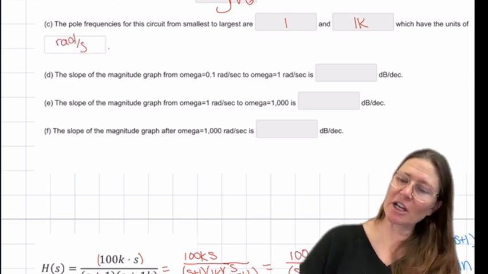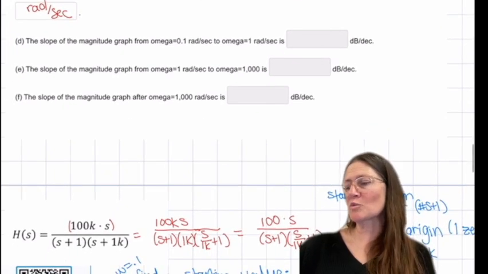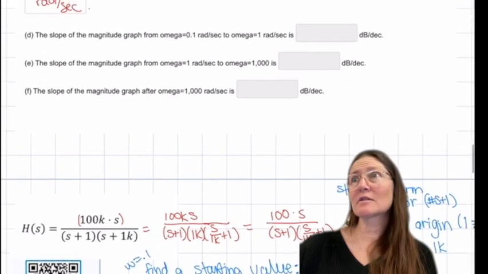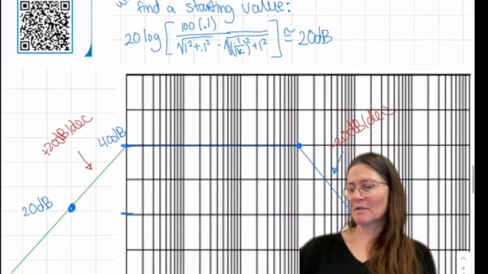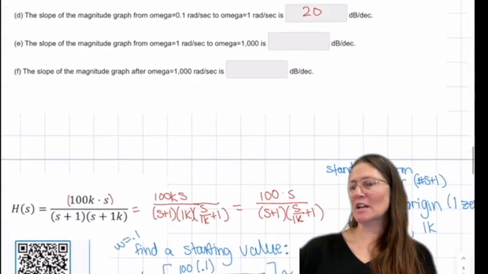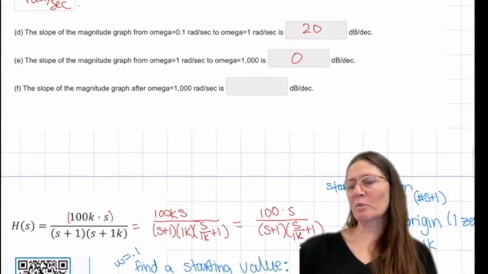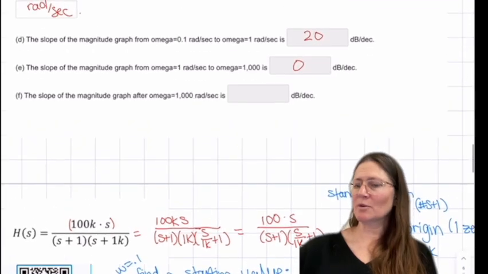Correct, radians per second. The slope of the magnitude from 0.1 to 1 is 20 dB per decade, and the slope of the magnitude from 1 to 1,000 is 0, correct. And then the slope of the magnitude after 1,000 is negative 20.